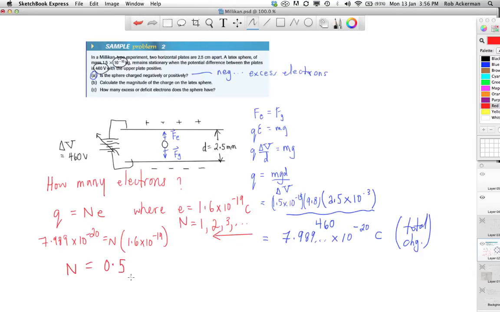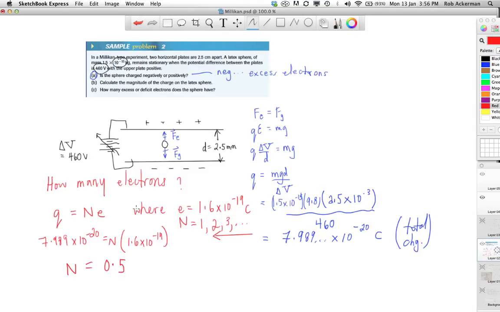Does this number strike you as odd? I hope it does. It's telling you that there is half of an electron charging up this latex sphere, which is impossible because electrons are elementary, basic particles. They can't be divided down any smaller than themselves. It would kind of be like saying I've got half of a penny in my pocket.